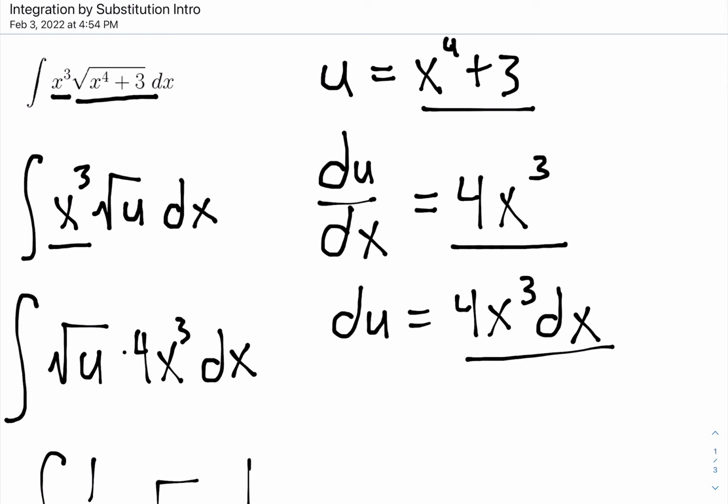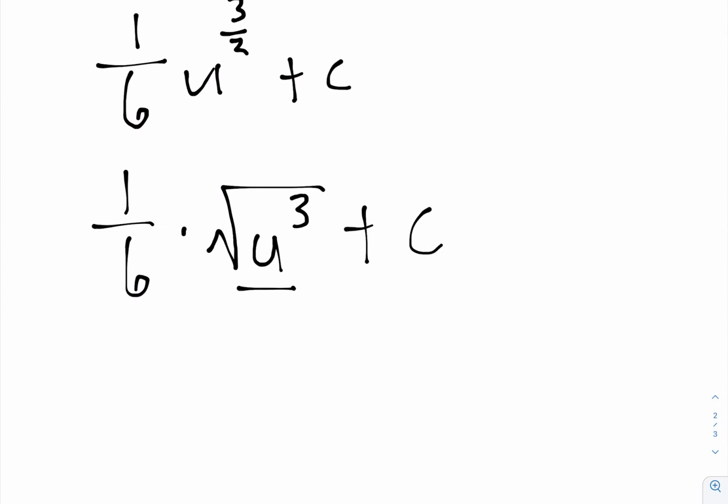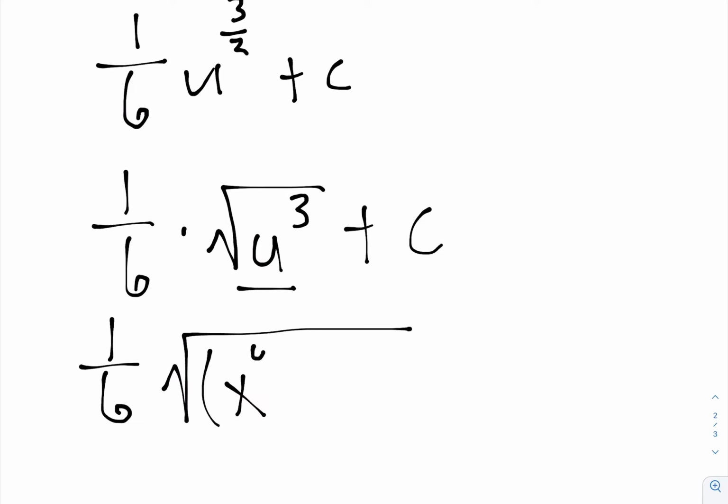Originally, it was just in terms of x, so we found that u was x to the fourth plus 3. So as soon as we solve for the integral in terms of u, we have to plug back in our u. So x to the fourth plus 3 cubed plus c. And now we've evaluated the integral.